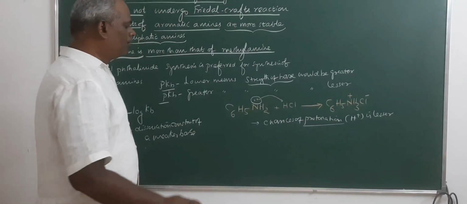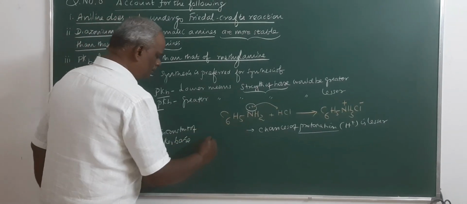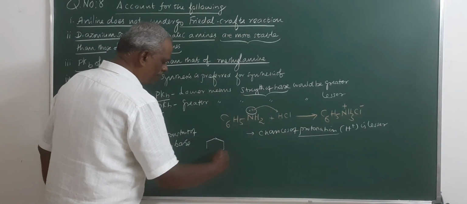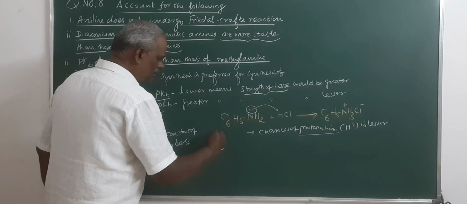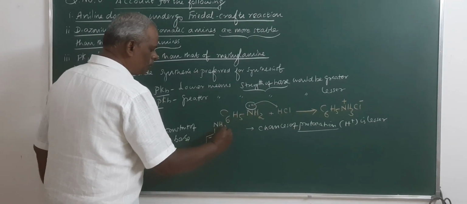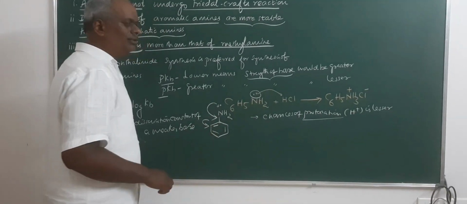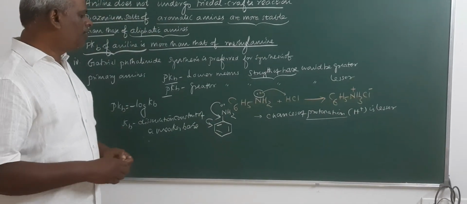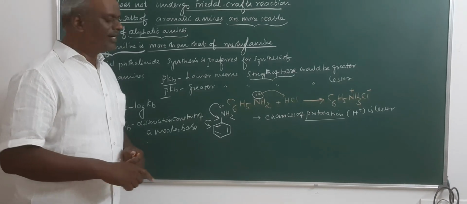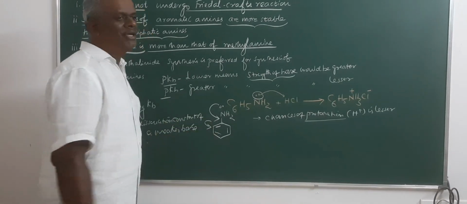So it is not a good base. Why? Because in the case of aniline, the electron pair present on the nitrogen is used to bind the ring structure. That leads to the resonance. That's the reason why the aniline is lesser basic in its nature.